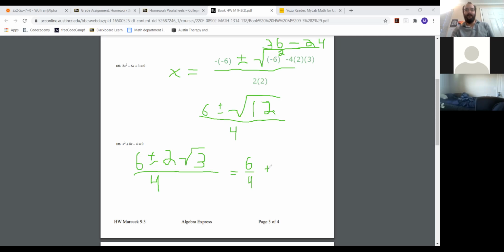Plus or minus, is it still a sign in between? And we do 2 root 3 over 4. And then we should be able to simplify. You said this was 3 halves. But you should be able to simplify that other thing a little bit too.